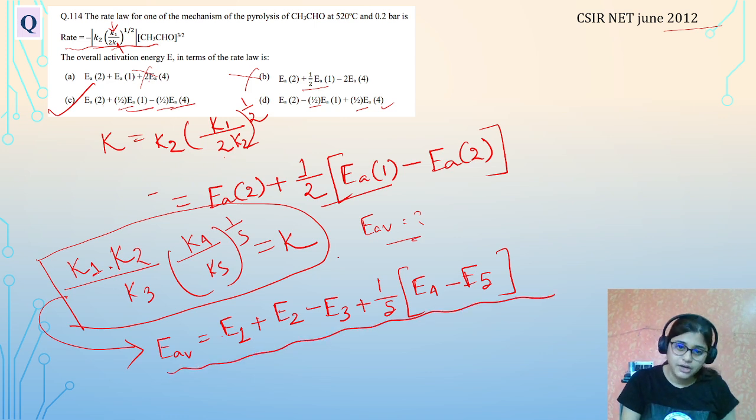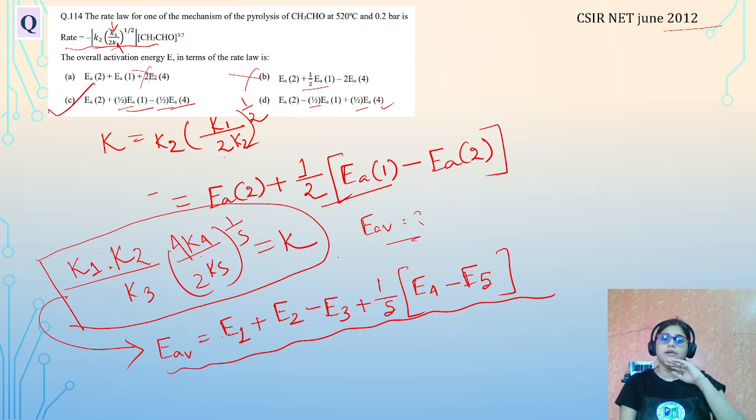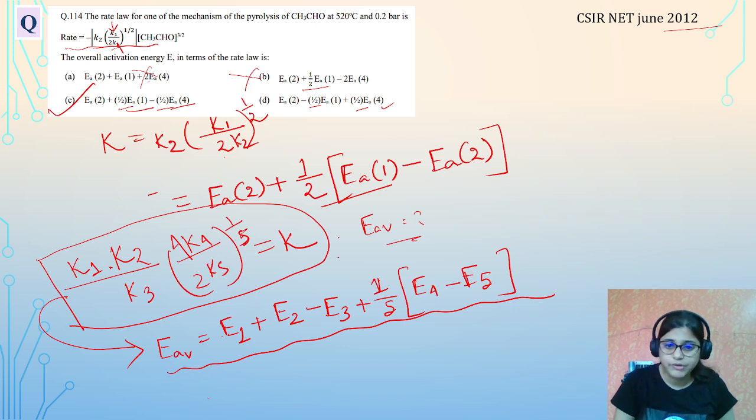Fine. If here 2 is given or here 4 is given, nothing will be there for that coefficient, no term will be there for E average. Fine. Only those in the power will be multiplied, and for the rest, if it is multiplied, the plus sign will be there, and if the term is divided, the corresponding energy has the minus sign.